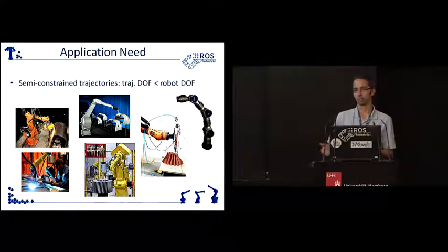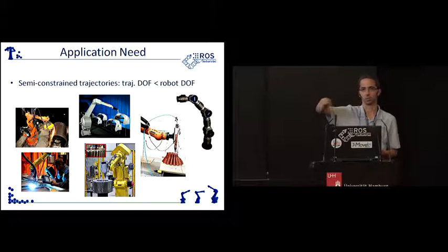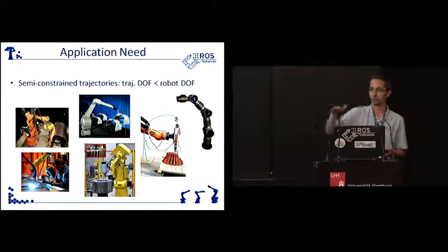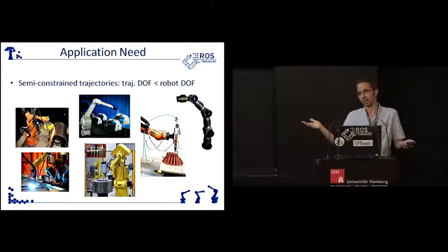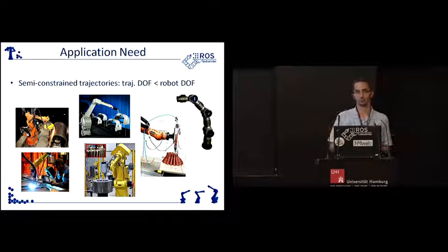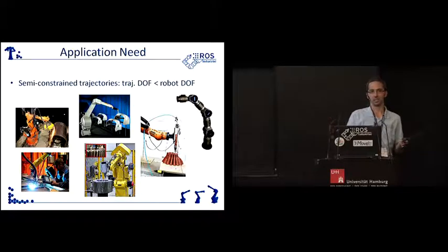So maybe you have 5 degrees of freedom because you don't care about the roll about the tool. Or when you're painting, maybe a little bit of angle difference is okay because it's paint and who's going to notice, right? But those kind of semi-constraints really open up the planning space if you can utilize them.